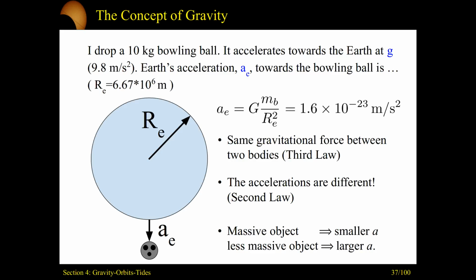That's the second law. The forces are the same, but the second law says the force is equal to mass times acceleration. Well, since Earth is significantly more massive, the more massive object, to keep the forces the same, will have a smaller acceleration. Whereas the less massive object will have the much larger acceleration.